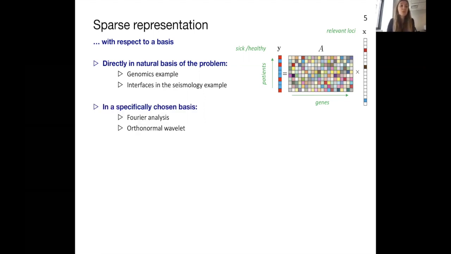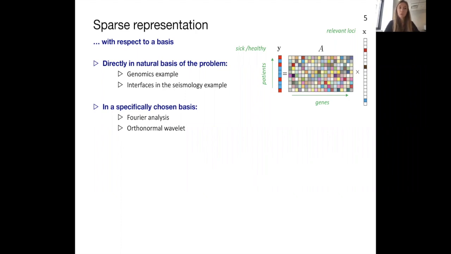But sometimes we need to work to get the right basis, or we can resort to some standard basis in which we know that signals are often sparse. So that can be the Fourier basis, or for images, the orthonormal wavelet basis that is particularly interesting for this kind of problems in imaging.